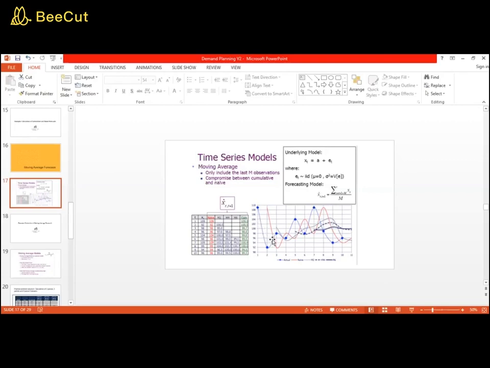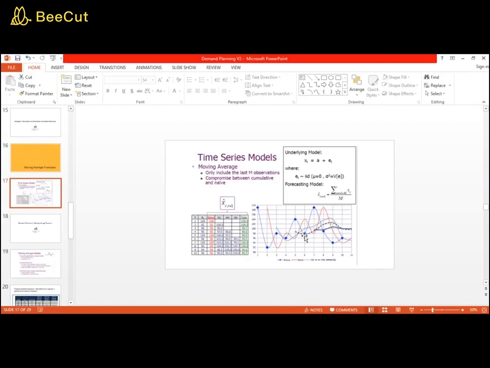And if you look at it visually over here, you can see that the blue line is the actual, the red is naive, and that's pretty understandable. It's a mirror image, just a delayed mirror image. And then here in blue, we have a 2-period moving average. If it's a 2-period moving average, the first forecast you'll have is for period 3. And you kind of see it's in between the naive and cumulative in shape, right?